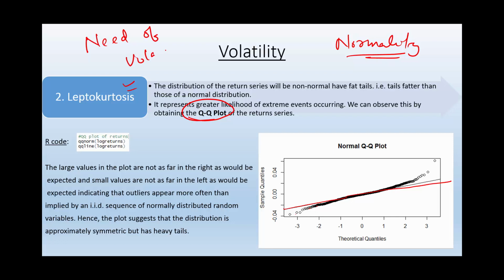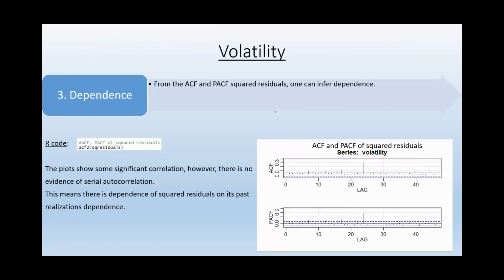Remember why volatility modeling is needed? From the last two plots we have seen a lot of deviation from normality, so we should go in for volatility modeling. The last one is dependence. From the ACF and PACF, one can infer some sort of dependence. The plots show some significant correlation.